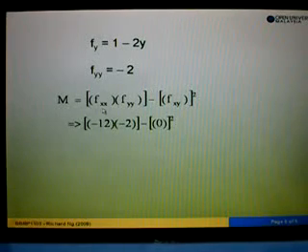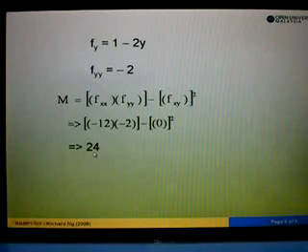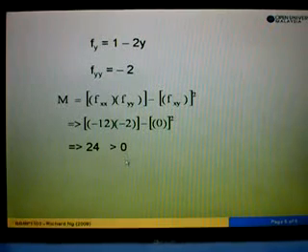So we will get fxx is negative 12, fyy is negative 2, minus fxy equals 0. Alright, so from here negative 12 times negative 2, the answer is 24, and then minus 0, so the answer is 24. 24 is greater than 0.